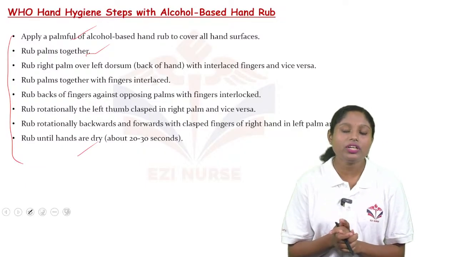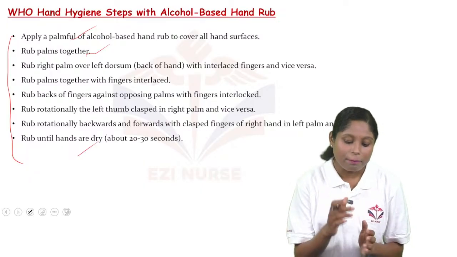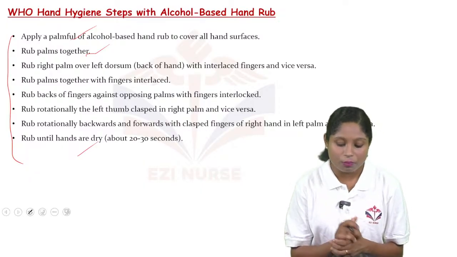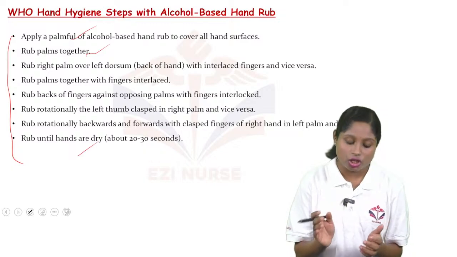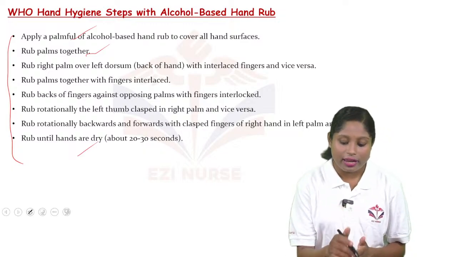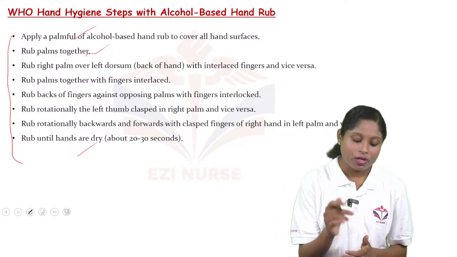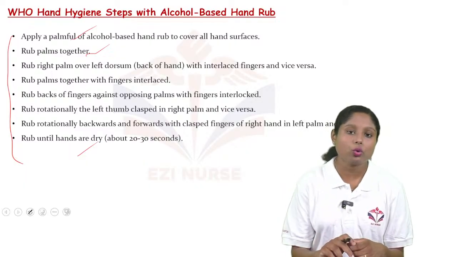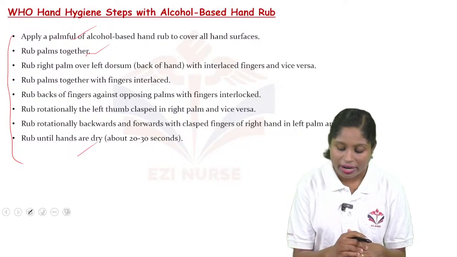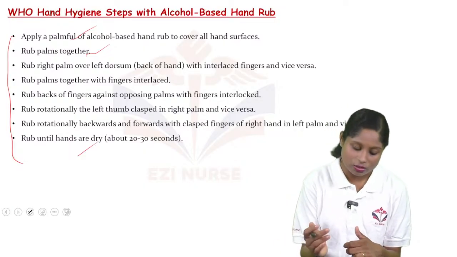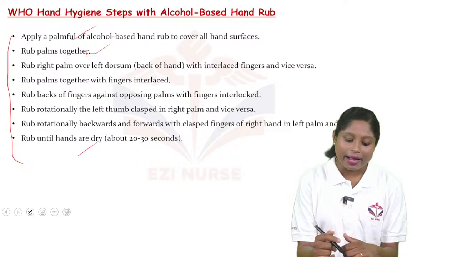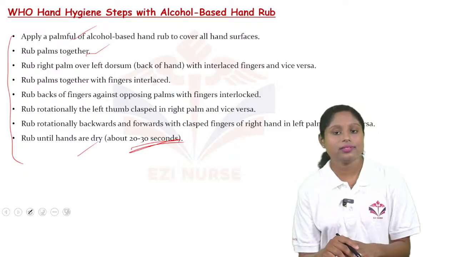Rub palms together with fingers interlaced. Rub back of fingers against opposing palms with fingers interlocked. Rub rotationally the left thumb clasped in the right palm and vice versa. Rub rotationally backward and forward with clasped fingers of right hand in left palm and vice versa, and rub until the hands are dry, about 20 to 30 seconds.